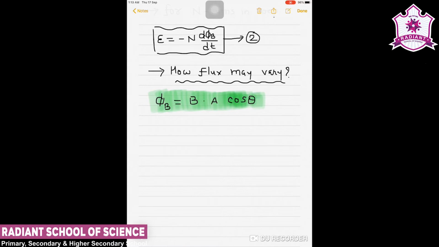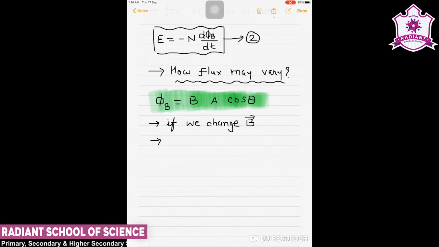To change it we have three quantities. Suppose we change B, that means if we change the direction of B or the magnitude of B, we can change the magnetic flux.